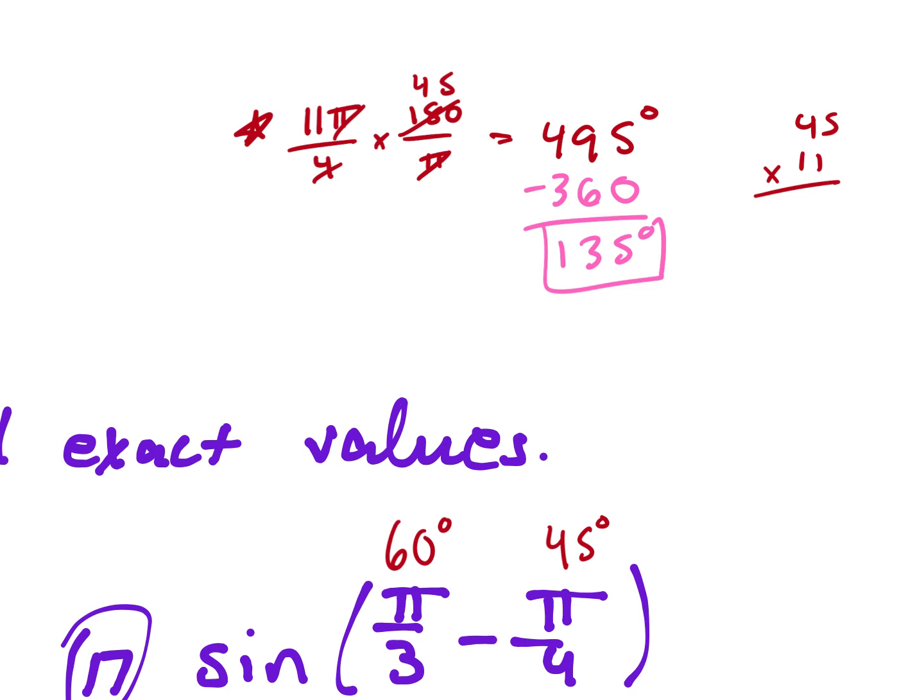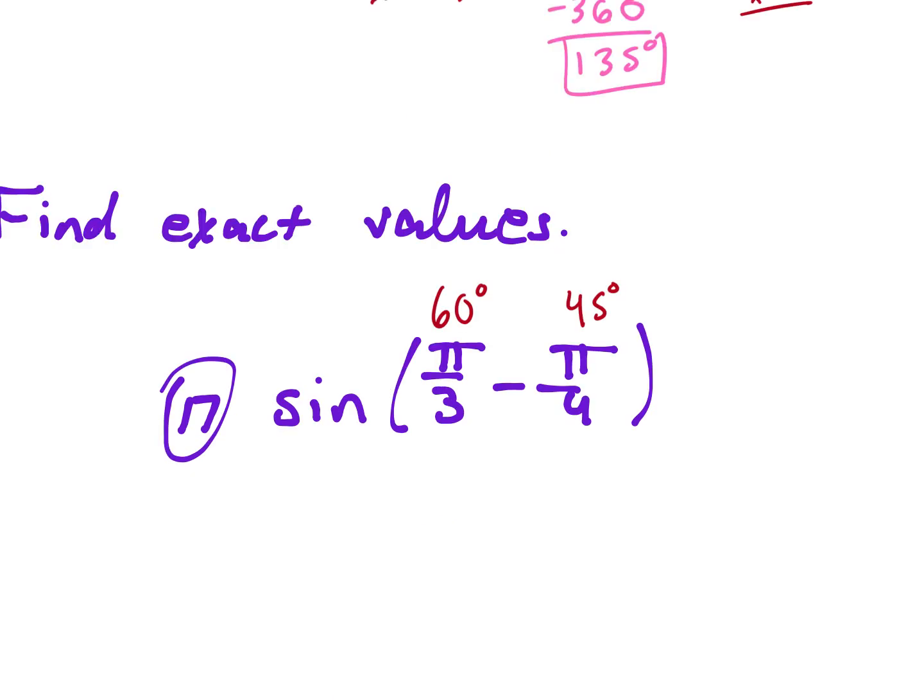Here we have 2 things that are on our unit circle, so we don't need to do that. We have the sine and we're subtracting. So our sine formula is sine u cosine v minus cosine u sine v.